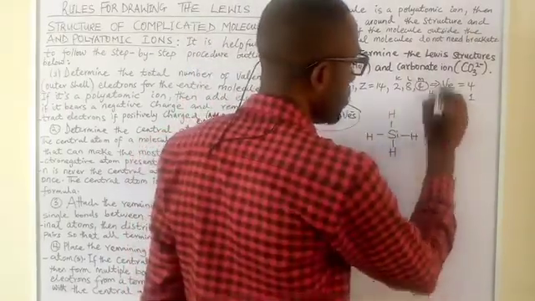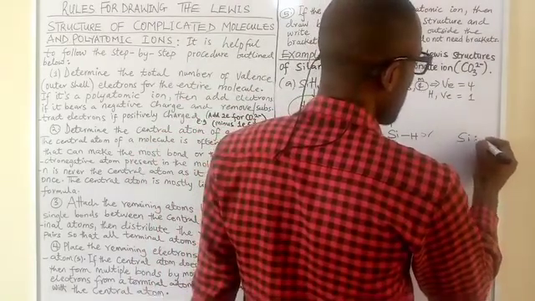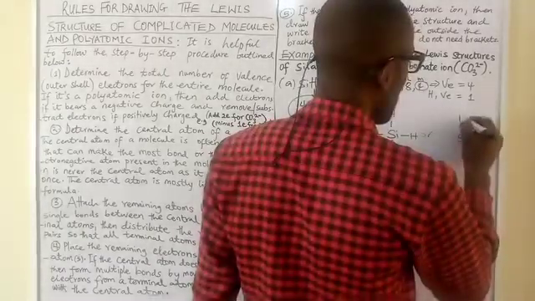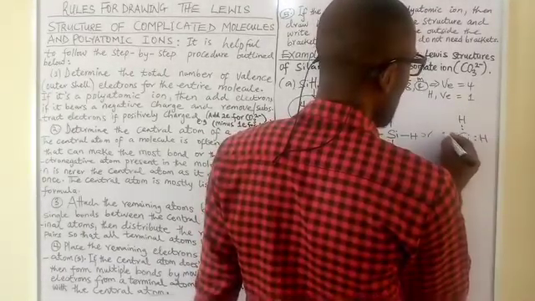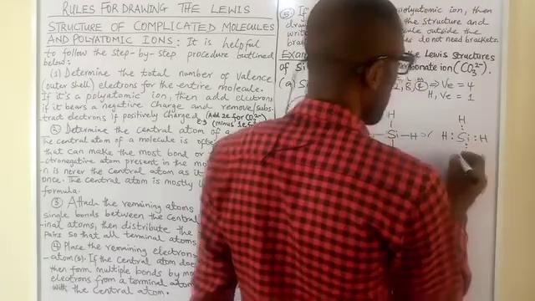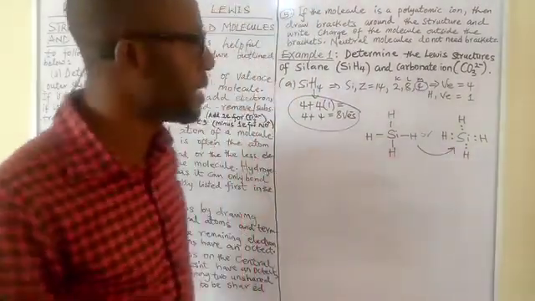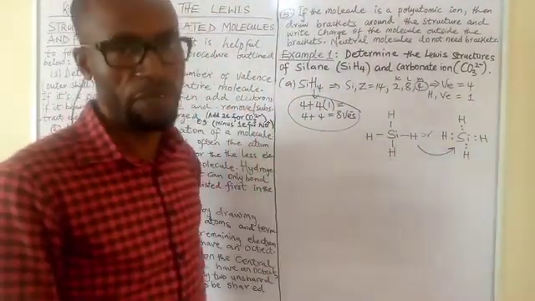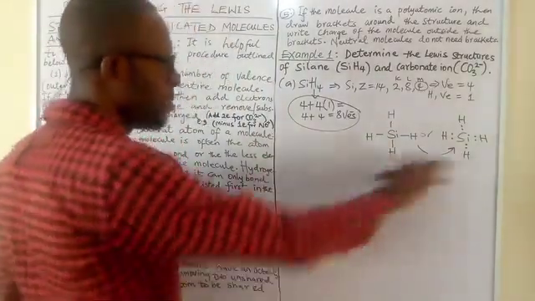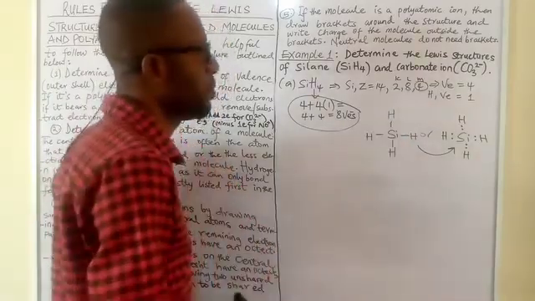So you can as well depict it this way: Si, with a shared pair of electrons to each of the four hydrogens. This is also the Lewis structure of the silane molecule, but this is the preferred Lewis structure. So that is the step where we stop for this particular molecule.